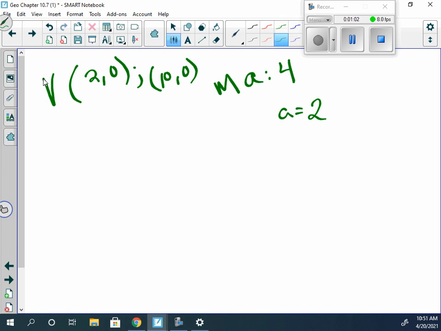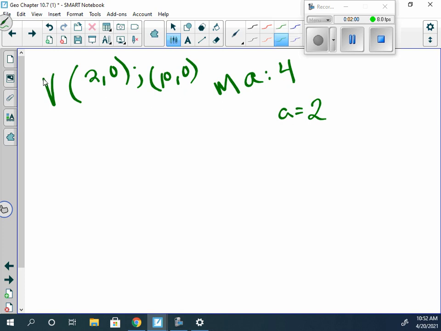Now, the only other value we need to find is the value of B. Our vertices are H plus or minus A comma K, or H comma K plus or minus A. So our A value is connected with our vertices.